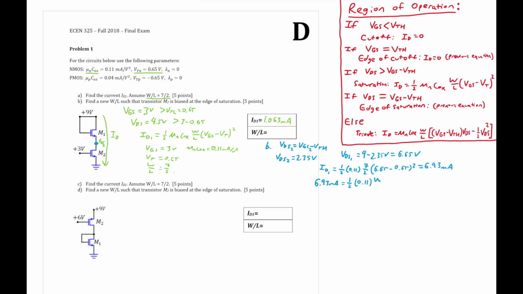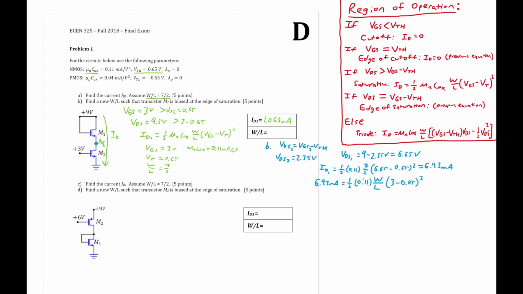However, we are trying to solve for W over L. And in this case, our VGS voltage is 3 volts, right? The voltage drop from the gate to the source is 3 volts, minus 0.65 squared.